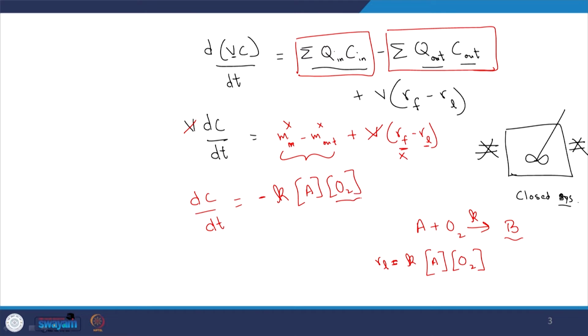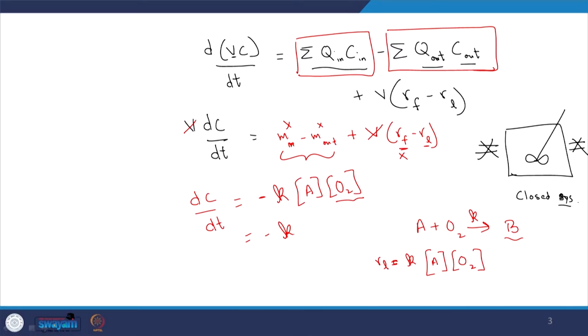And if I know the concentration of O2 in this particular room, and if I assume that it is more or less constant, I can say that it is equal to minus K dash concentration of A. So, this is C, right. So, this C itself is concentration of A. So, I can write it as [A]. These square brackets we typically use to indicate the concentration of that particular compound. So, that is what I have. So, this is my equation.